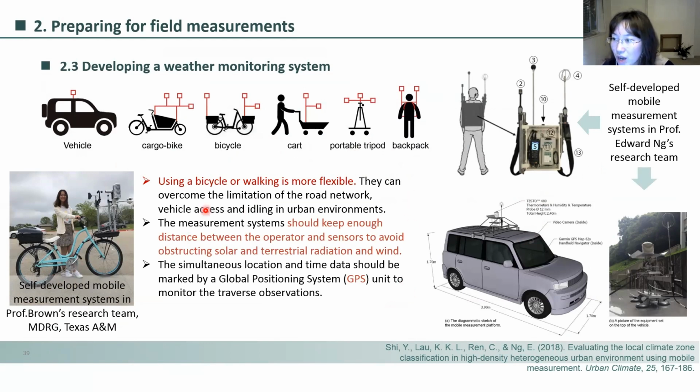First, using a bicycle or walking is more flexible. And the other thing is please remember to keep enough distance between the operator and the sensors to avoid obstructing solar and terrestrial radiation and wind. And I suggest you use GPS because it can help you record the location and the time data.